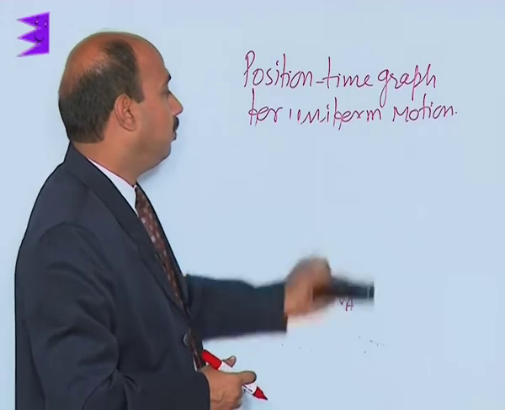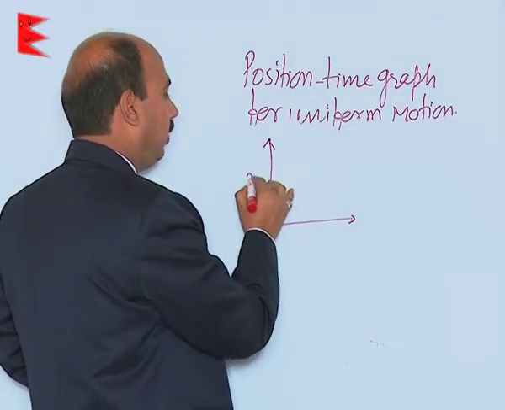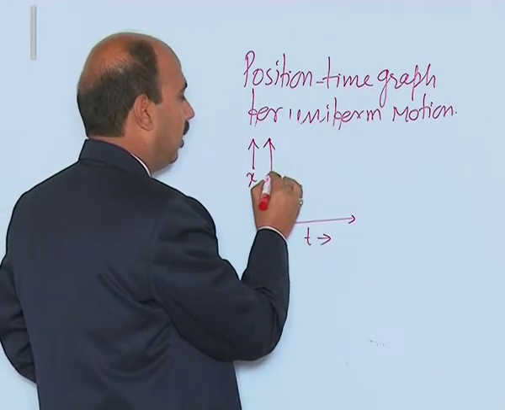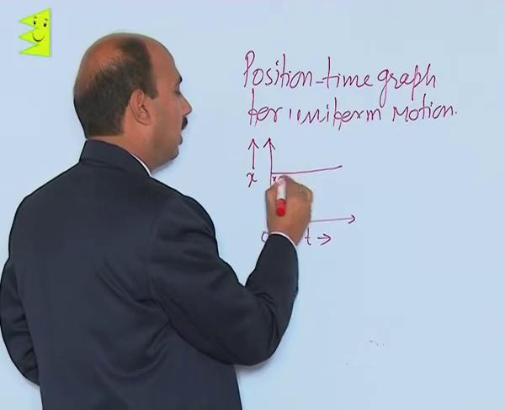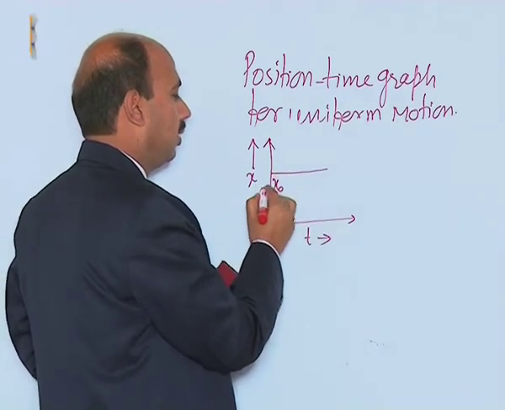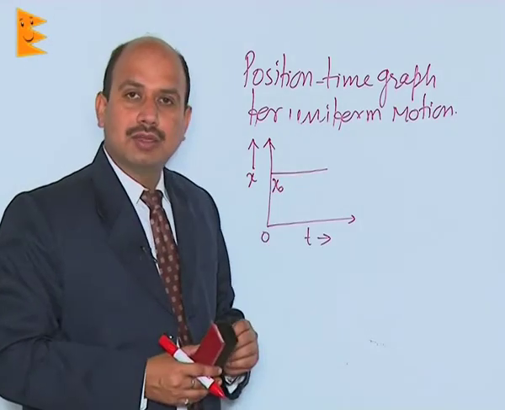Now, if you take a graph like this, just guess, what is this? Like this is your t, and this is x naught, and the graph is going like this in a straight line. What type of motion is represented by this?